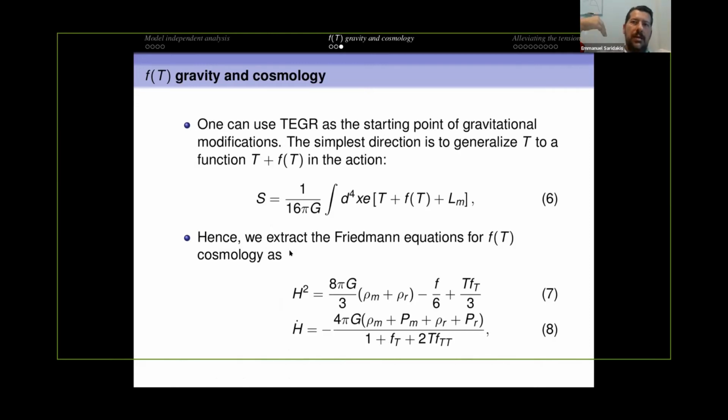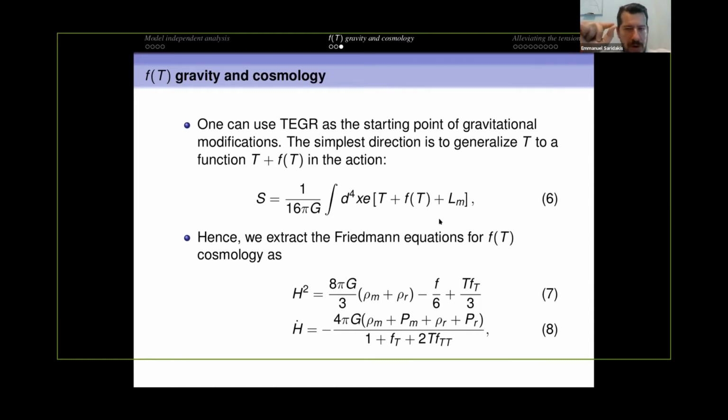Now, in a similar way that in curvature gravity, you can have models like f(R) gravity, so modifications of gravity based on the Einstein-Hilbert action, in torsion gravities you can have torsional modified gravities starting from the teleparallel equivalent of general relativity.